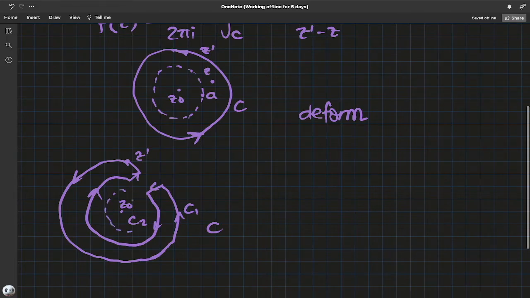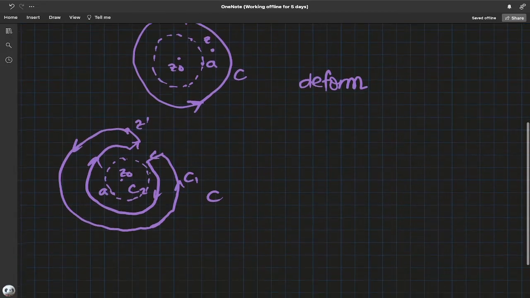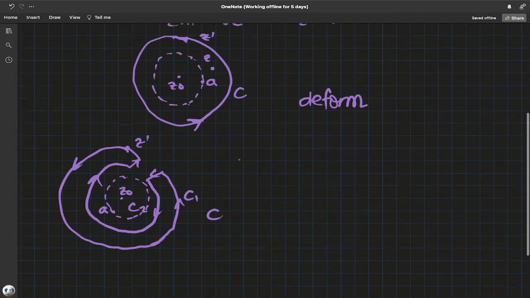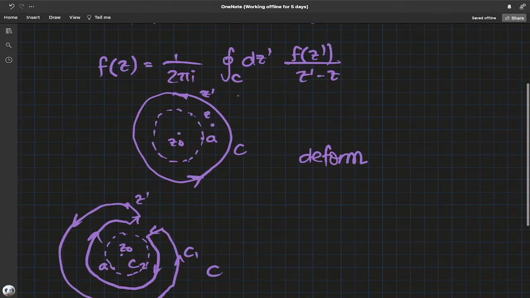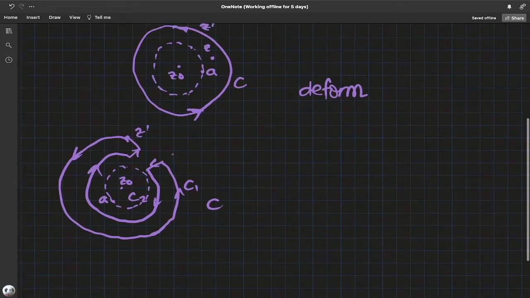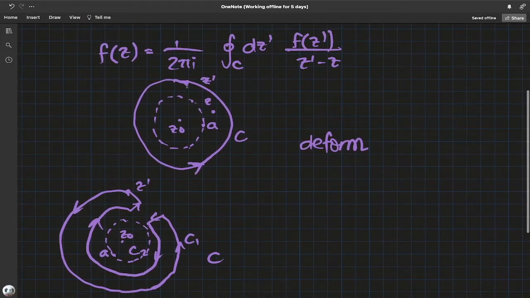A is somewhere here along this dotted line. Okay, this is my deformed contour, and I'm going to integrate over this. I broke C and have written it as C1 plus C2. So now let me substitute that in this equation.